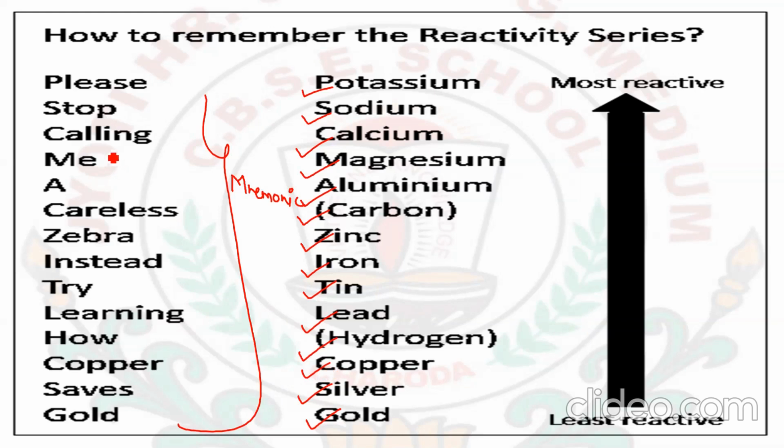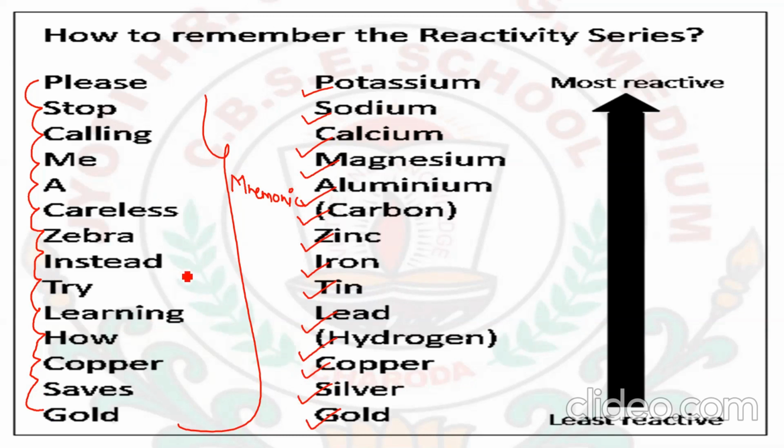The mnemonic is: please stop calling me a careless zebra. Instead, try learning how copper saves gold. By remembering this sentence, once or twice, you can easily learn it by heart.